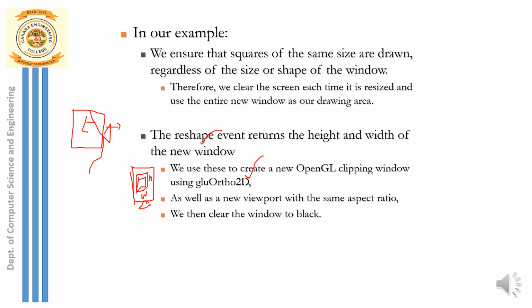The clipping rectangle I usually specify in OpenGL with the help of the function gluOrtho2D. I have in my clipping rectangle a few parameters: left, right, bottom and top. These I adjust as per the width and height of the display window. So whenever the window size changes, the clipping window or clipping rectangle size also should change. So that is the first thing.